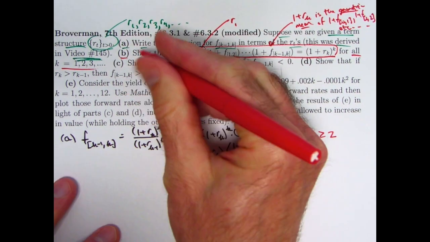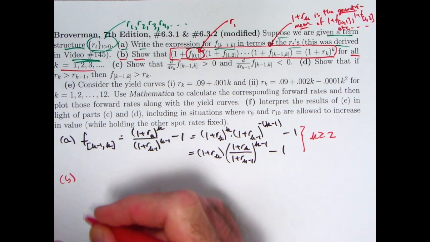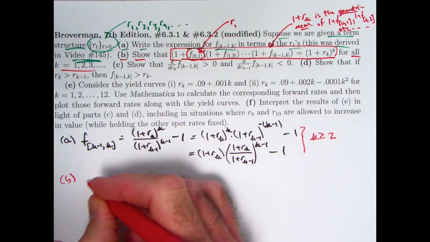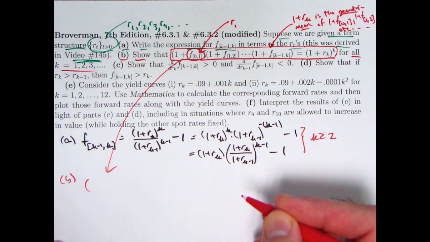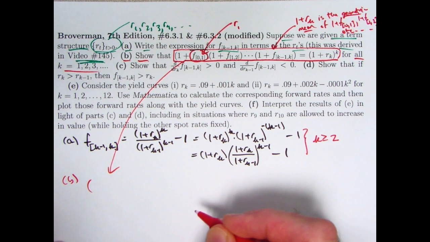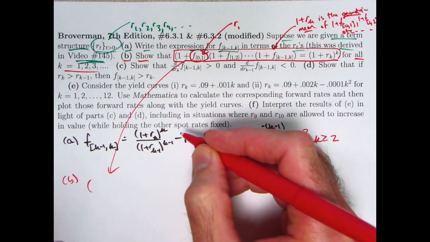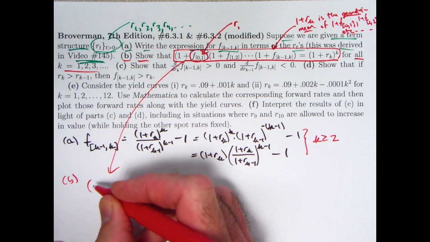Anyway, as far as showing that, again, I'm not going to do a formal proof of it, but as far as understanding why it's true, let's take the left-hand side of this equation and plug in the formulas for these various forward rates. Again, f sub 0 to 1, meaning the forward rate in effect from time 0 to time 1, is really the same as R1.